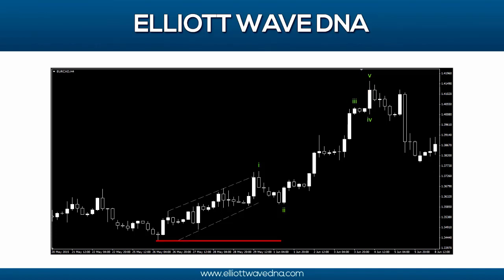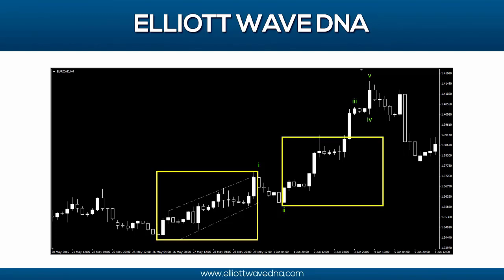Rule number 1: wave 2 needs to remain above the starting point of wave 1. After that, wave 3 needs to be larger than at least one of waves 1 or 5, and in this case we can see that wave 3 was the strongest wave of waves 1, 3 and 5. But let's check.